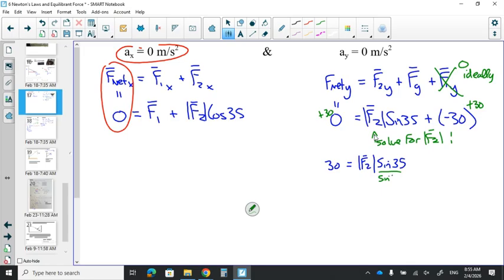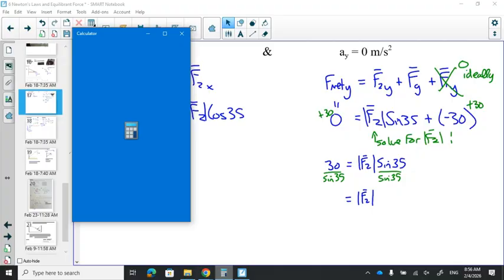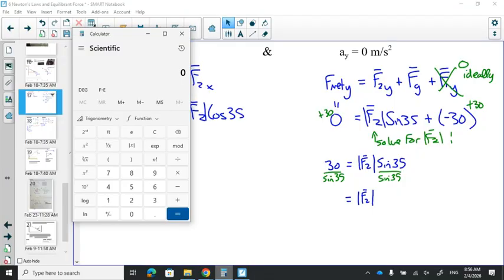You could write it as a decimal at this point if you wanted, but a little more efficient, maybe easier, just to write sine 35. And we just do the math when we get to it, right? So the size of F2 is what? 30 divided by sine 35. So do 35 sine of that, the way this calculator works.